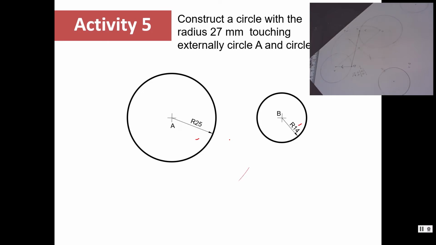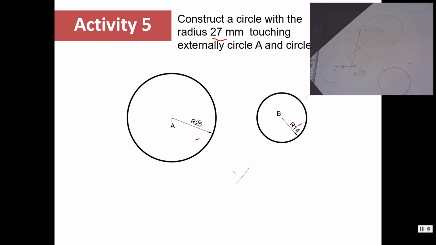So the first thing is to find the center point of the circle that we want to construct. If you notice, the circle has the radius of 27. So if we want to draw the circle, the center point from point A should be 25 plus 27, and then we're going to get this arc.